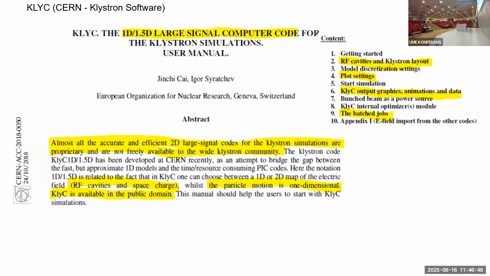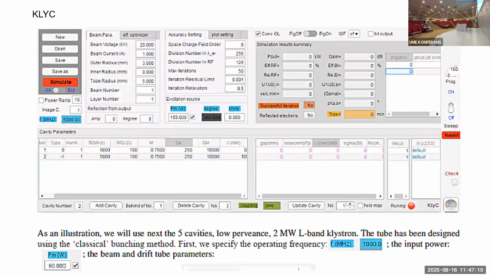Also, I'm not sure about the AJ disk, but the Klytrons has also included the space charge thing. This is the Klytrons.